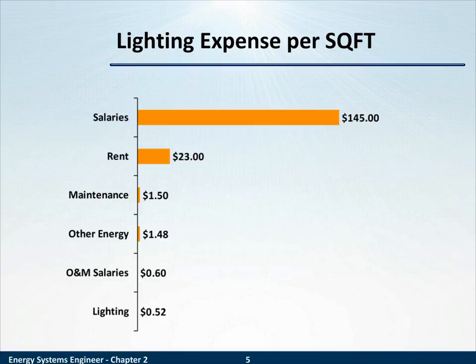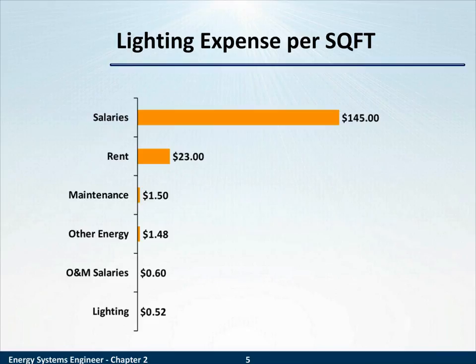One additional piece of context, however, for lighting expense, let's look, for example, at an office building. Although lighting expense was over 25% for an office building, as a proportion of expenses, think about the expenses incurred by the tenants of those office buildings, the rent, and the salaries of the people in those buildings.